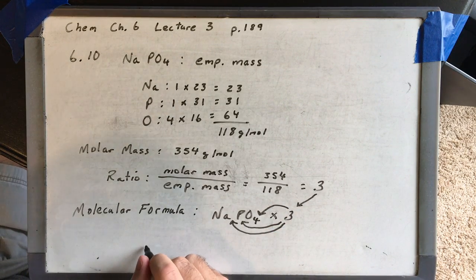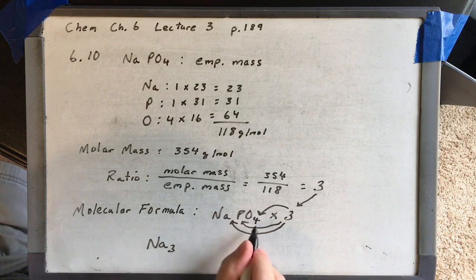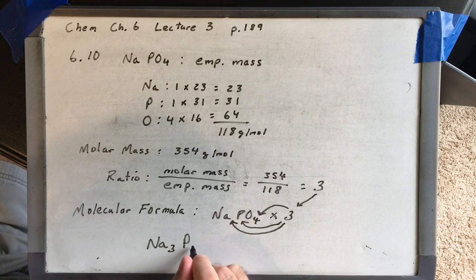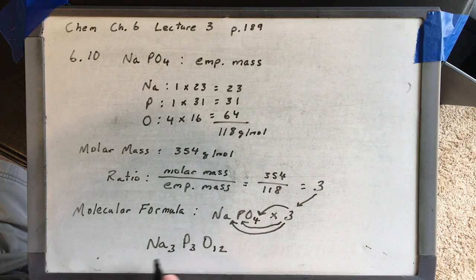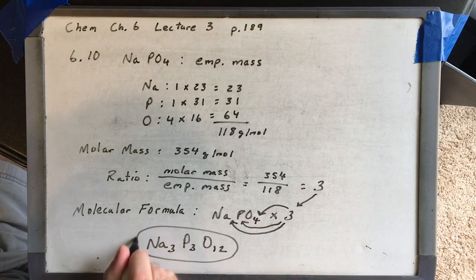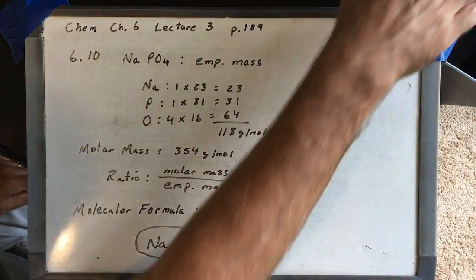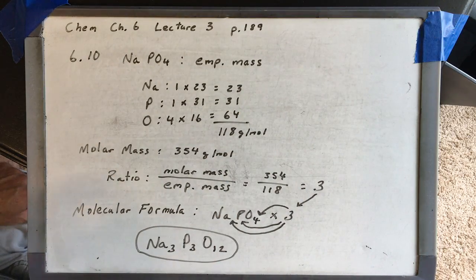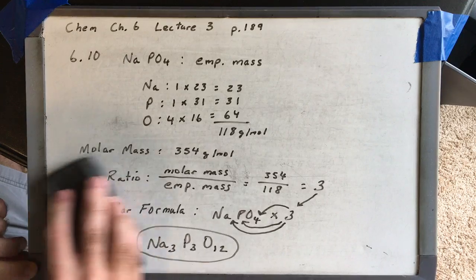So if you do that, you'll get Na3, because Na was 1, and 1 times 3 is 3. P3, 4 times 3 is 12, so O12. So that is the molecular formula: Na3P3O12. All right, if you want to pause while I erase this, we'll move on to the next page, page 190.